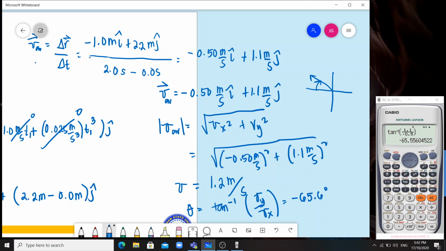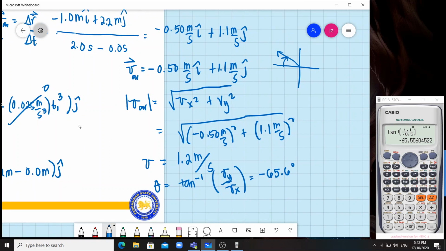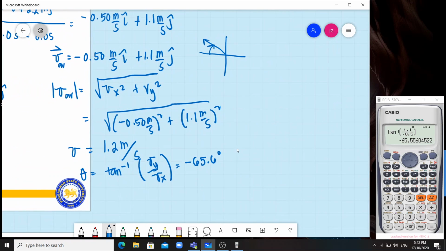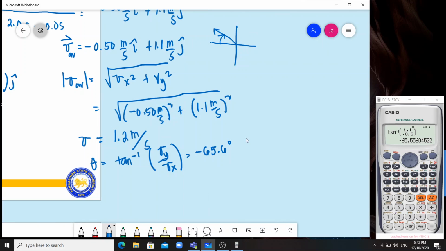This is the direction of the velocity. So, the answer is 1.2 meters per second.